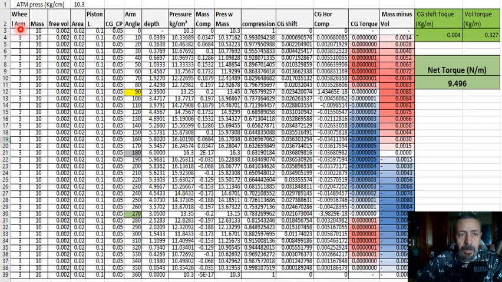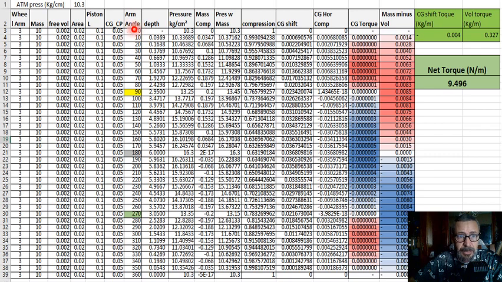Then the wheel arm, the mass that I put in the piston. The free volume is the volume of the cavity, the area of the piston, and of course the piston L is the distance, the depth of the cylinder.